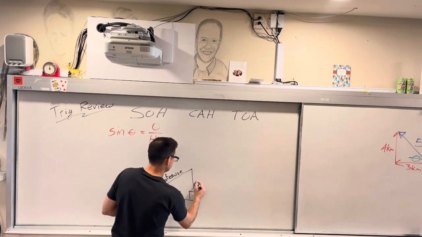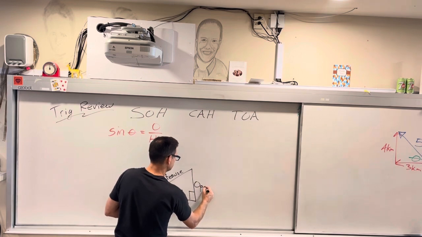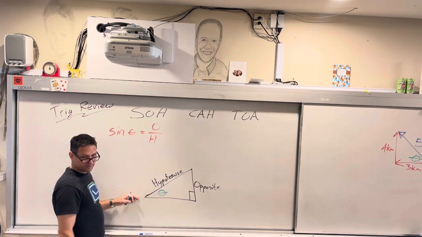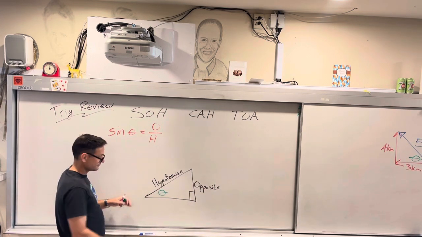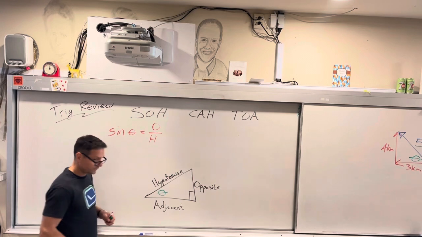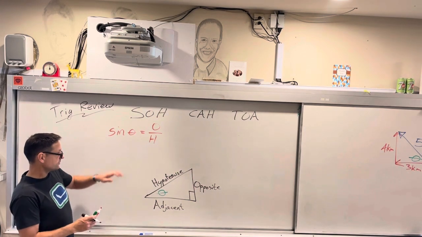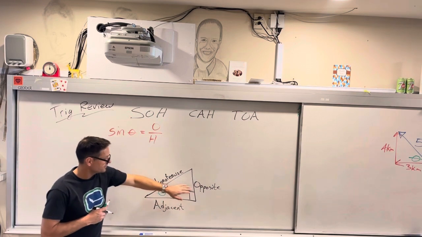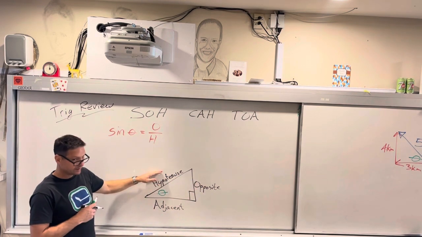Good, that's the opposite. So big O for opposite. And then what's the shorter side that's touching the angle? That's the adjacent. So when I say the sine of theta is O over H, that means the ratio of opposite over hypotenuse.